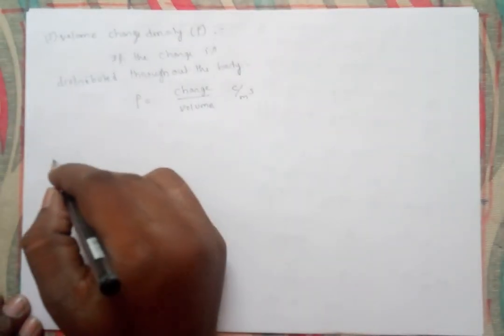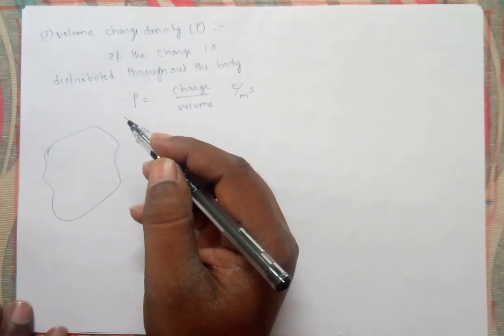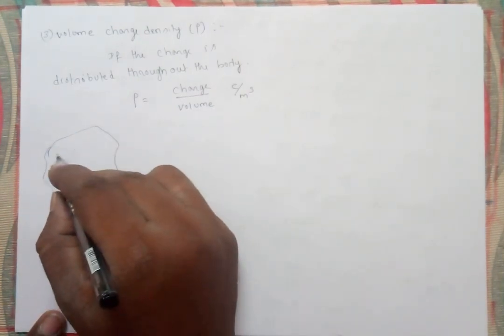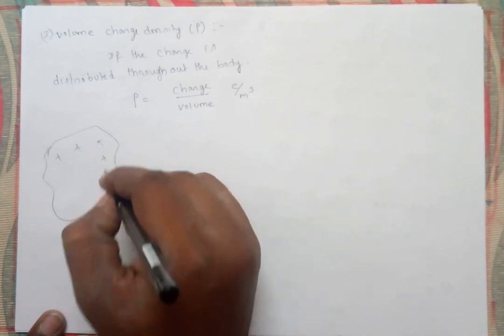Suppose you have some spherical body. This is not a surface, it is a three-dimensional body.